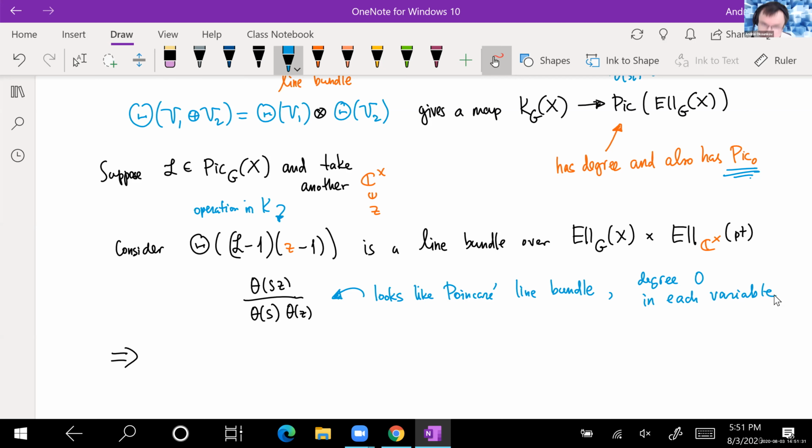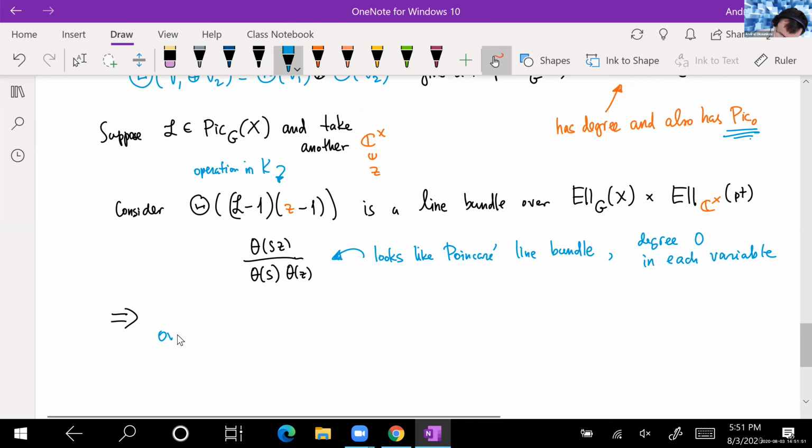It's algebraically equivalent to 0 in each variable, because clearly if I set Z to 1, I get 0, and if I set S to 1, I get 0. And so there's a value for each parameter that gives a trivial guy on the other side, but it's not trivial. And so that means that over elliptic homology, G-equivariant elliptic homology of X cross, I can add a new factor, which will be like the analog of that.